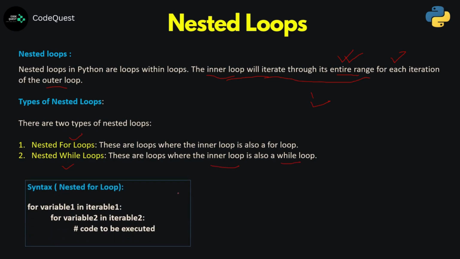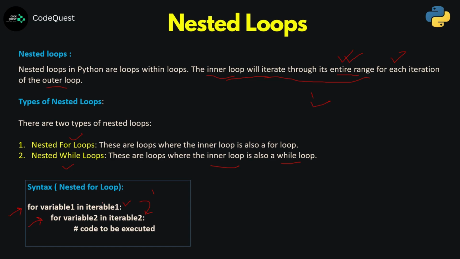Now, let's see the syntax of a nested for loop. You can see here we have an outer for loop and an inner for loop. The outer for loop will execute once, and for that, the inner loop is going to execute till the end of all the items present in iterable 2.